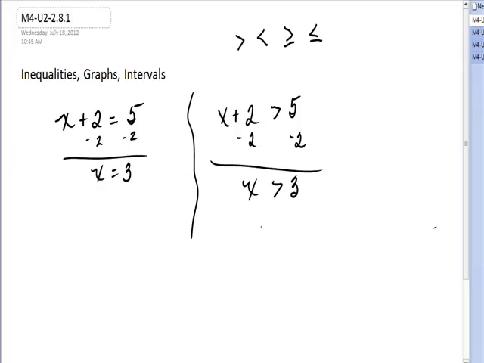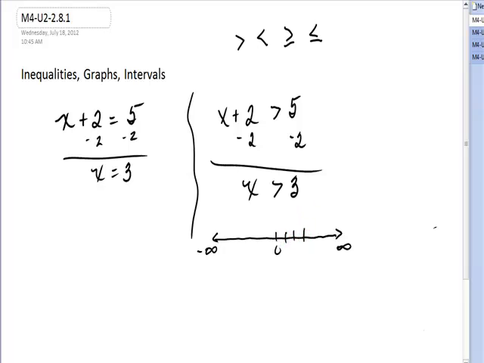Because of the infinite number, we're going to draw a picture of the answer. On a real number line, let's say there's 0. To the left, it goes toward negative infinity. To the right, it goes toward positive infinity, and that little sideways 8 is the symbol for infinity. For x to be greater than 3, you would locate 1, 2, 3.